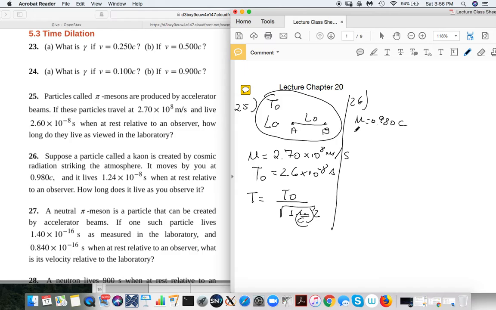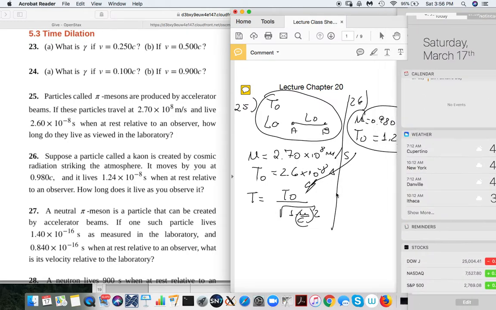And it lives 1.24 times 10 to the minus 8 seconds when at rest relative to an observer. So this is the proper time again. It's the same thing, so we apply the same equation. It's just changing the numbers, but basically it's the same.